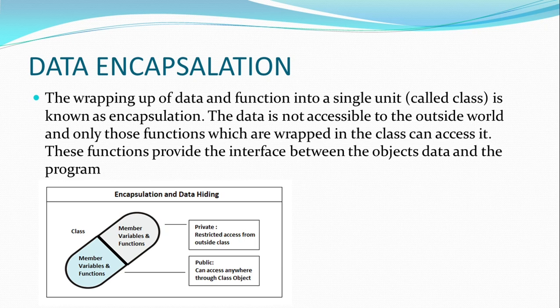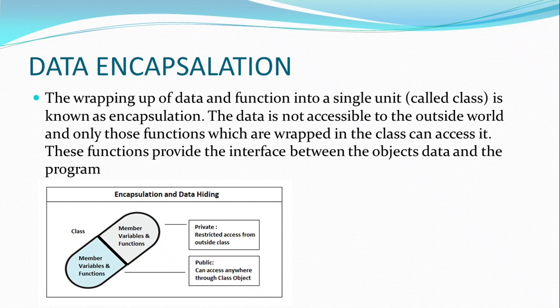Next, data encapsulation. Encapsulation is a single unit, like filtration. It is the wrapping up of data and functions into a single unit called a class. The data is not accessible to the outside world, and only those functions which are wrapped in the class can access it.